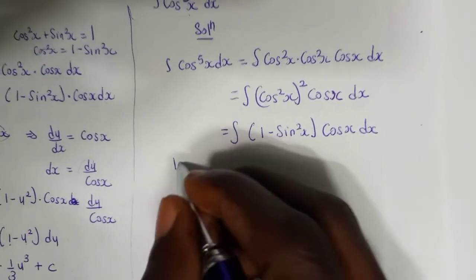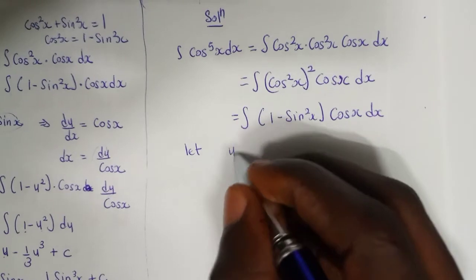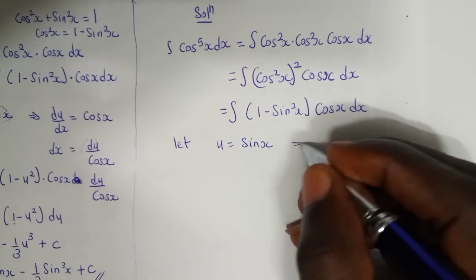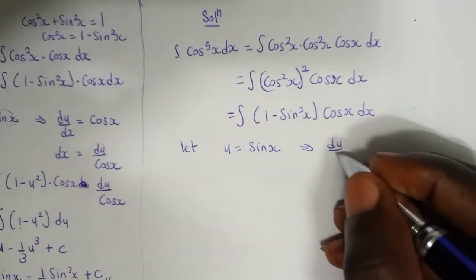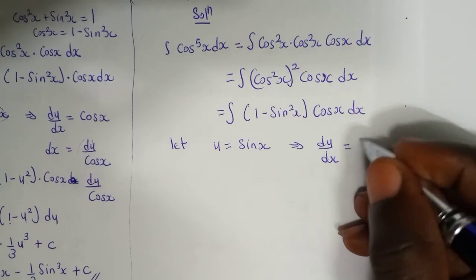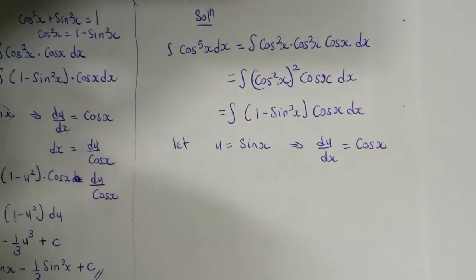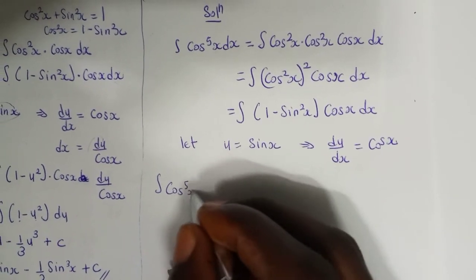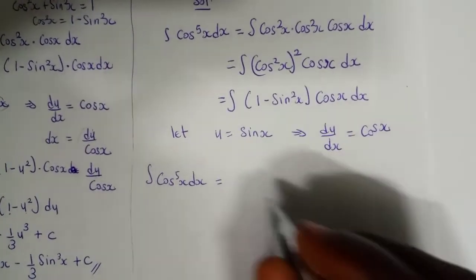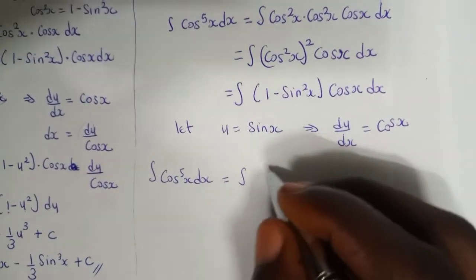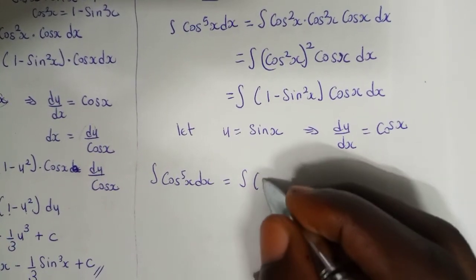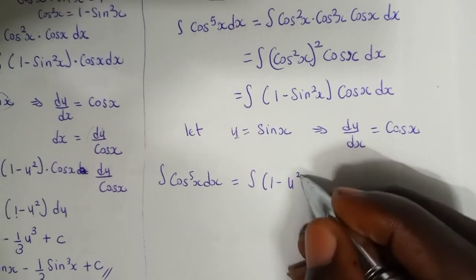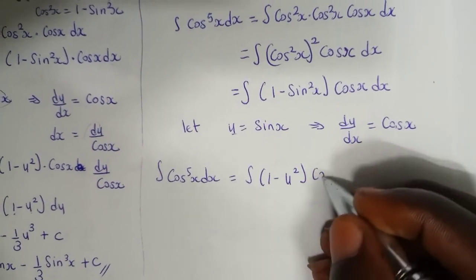So let's say u be equal to sine x. This implies du over dx equals cos x. So the integral of cos 5 x dx will be equal to the integral of 1 minus, we know that our u is sine x, so u squared, all squared, multiplying cos x.